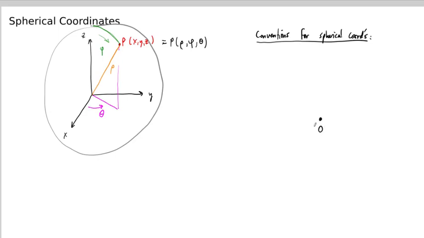The only piece of information that we need to describe this pole is that the radius, rho, is equal to 0 at this point. And this is the only point in space for which this is true. Every other point in space has a positive radius, so rho is positive for all other points.